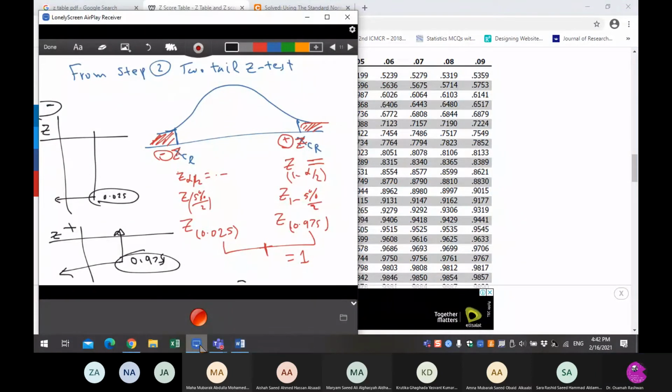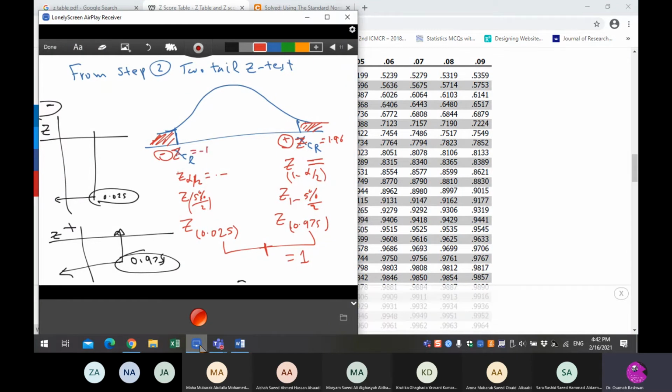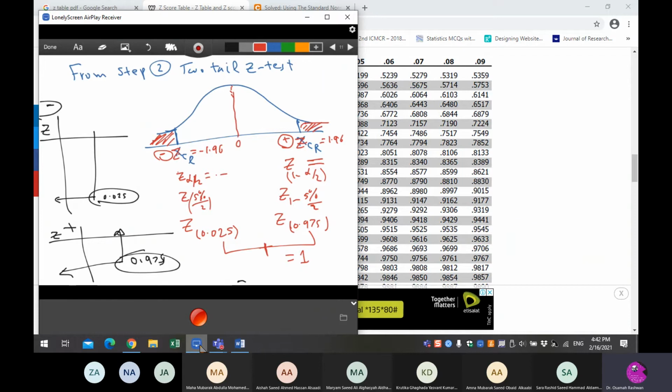Yes, minus. Why am I writing minus for the left one? Because both are the same. The Z critical is 1.96 positive, and this one will be the same value but negative, because the standard normal distribution is symmetric around zero.